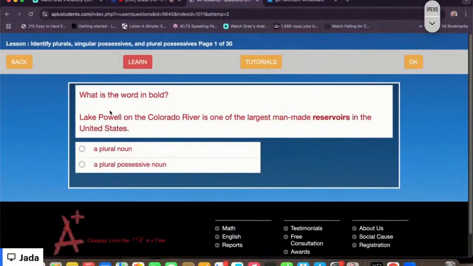Okay, so what is the word in bold? Lake Powell on the Colorado River is one of the largest man-made reservoirs in the United States. So is this a plural noun or plural possessive noun?